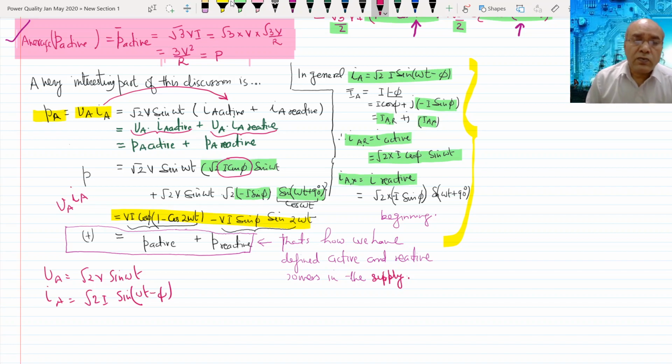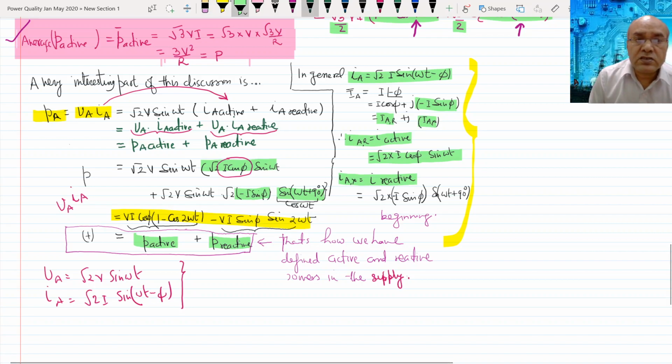Okay, if you multiply them, you will get these two resolutions, which in the beginning we have defined as the active component and the reactive component. This is the total power P here. So P as a function of time equals P active plus P reactive, and P active is BI cos phi (1 minus cos 2 omega t), minus BI sin phi sin 2 omega t.